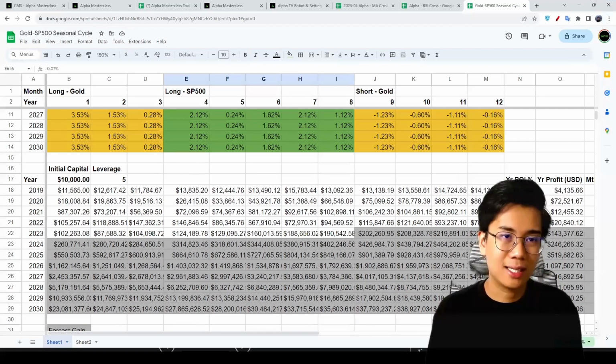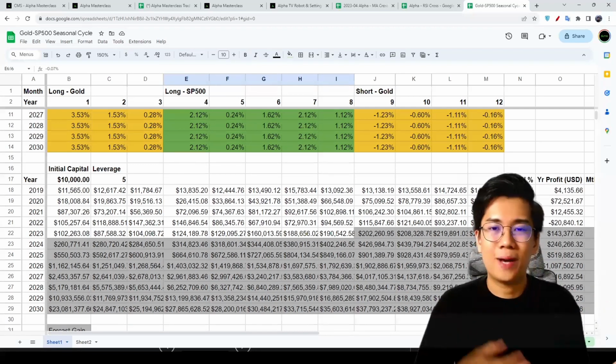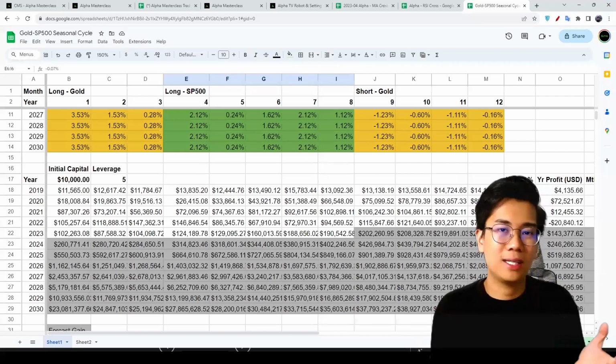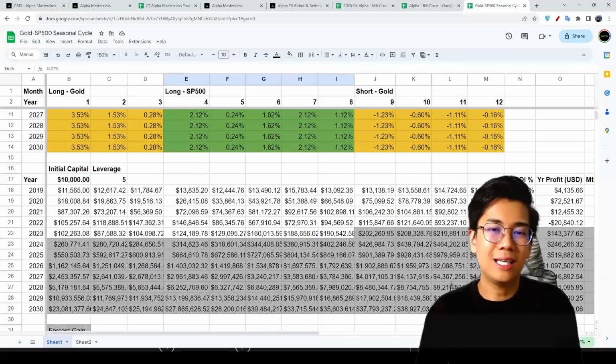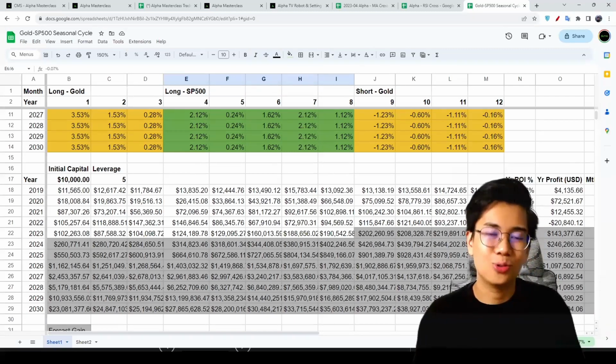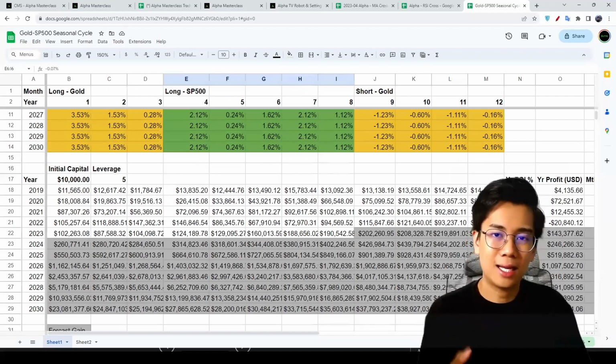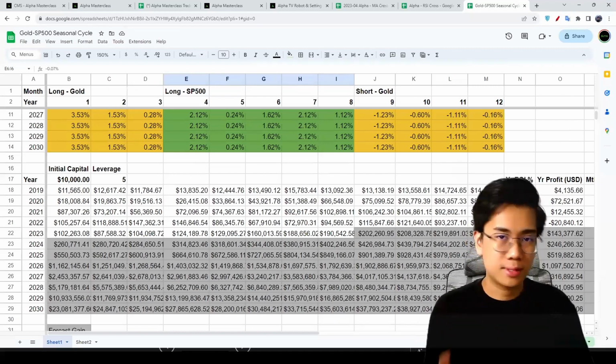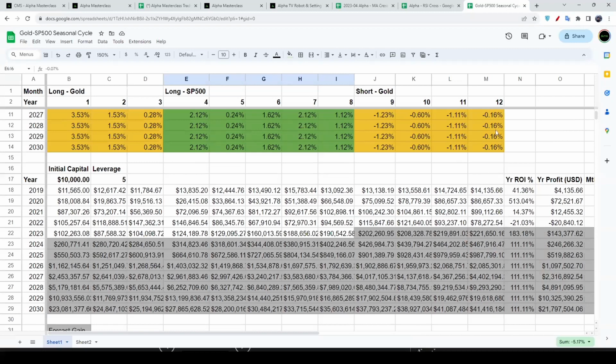My question is, if you do a part-time job compared to trading, can you make more profit in the part-time job? If so, that means you do too many things in trading that end up not being profitable. Like what I'm showing you guys, if you just follow the seasonal on average, when you buy, when you sell, you will get this kind of yearly ROI.